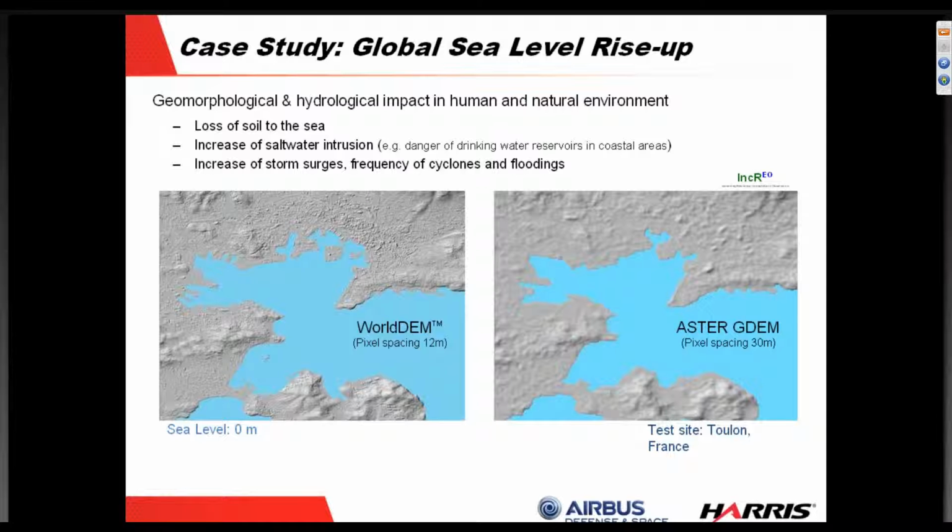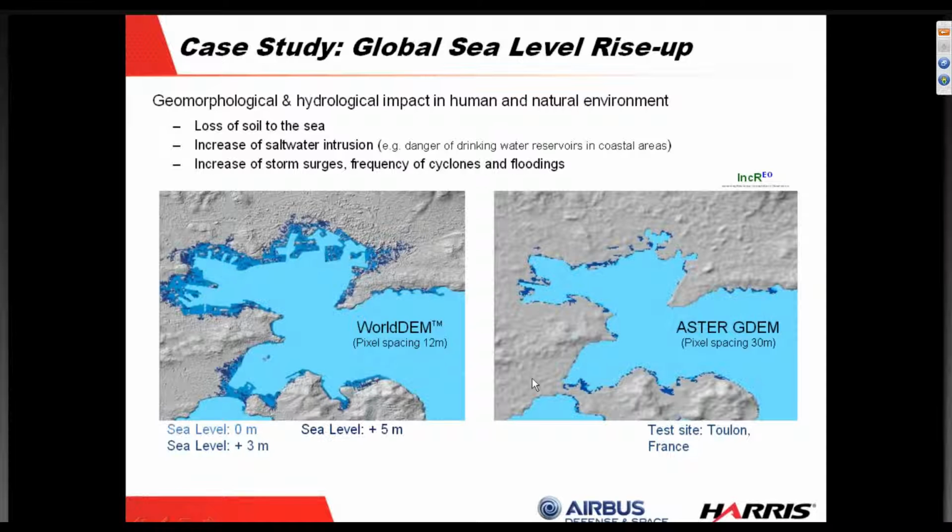Now the modeling results. We are looking at a sea level rise of plus 3 meters, which already shows us, in a detailed elevation model like WorldDEM, that the entire harbor area, the port, is already affected, and even this land bridge is flooded. When we have a more coarse elevation model, as here with Aster, we more or less can't see any effect. And of course, it gets worse with plus 5 meters and plus 10 meters sea level rise.